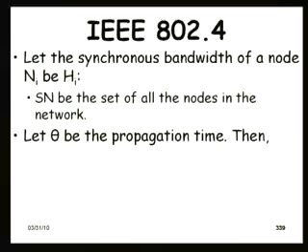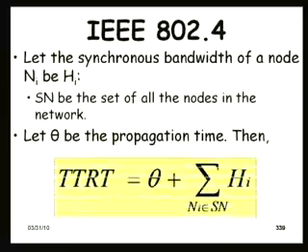We are running out of time now. We need some time to discuss some results here, about how we distribute the time. The TTRT is the design parameter we had said, it is the expected time for a token to arrive at a node, and theta is the propagation time.